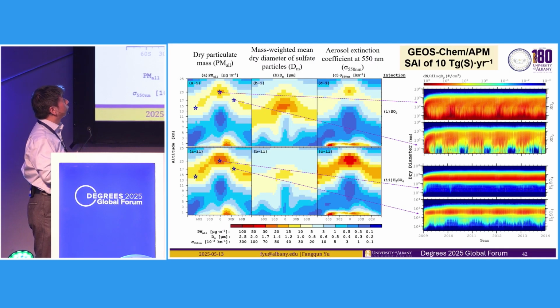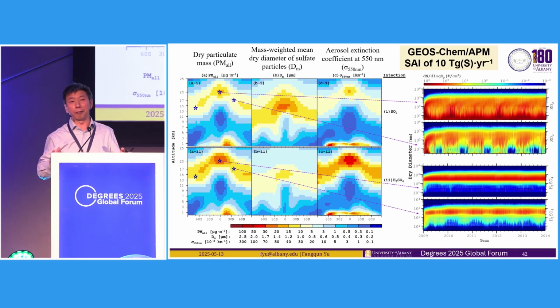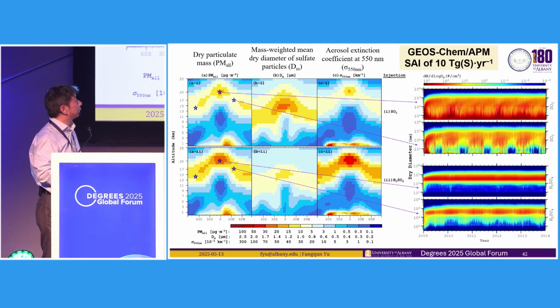This figure gives you the information on what we simulate. First we run all 3 models for 5 years. What is shown here is the particle size distribution evolution. The upper panel is for the SO2 injections, and the lower panel is for the sulfuric acid injections. We select 2 sites to show how the size evolves.